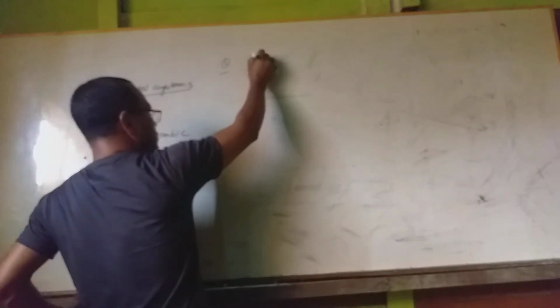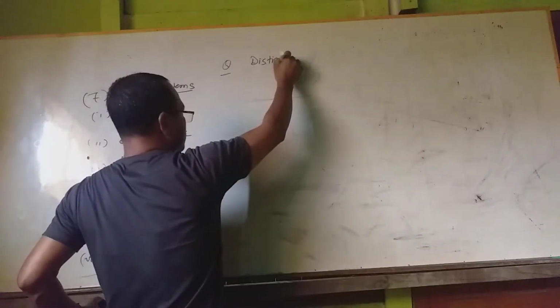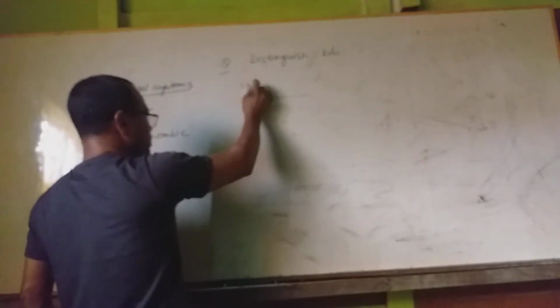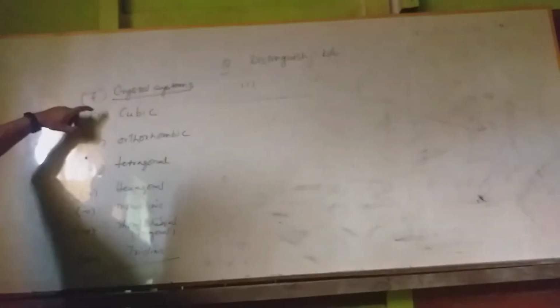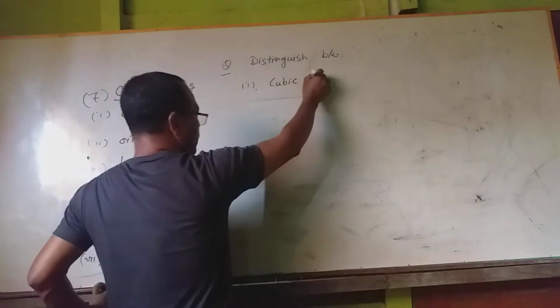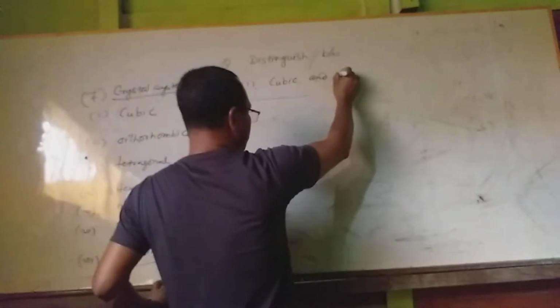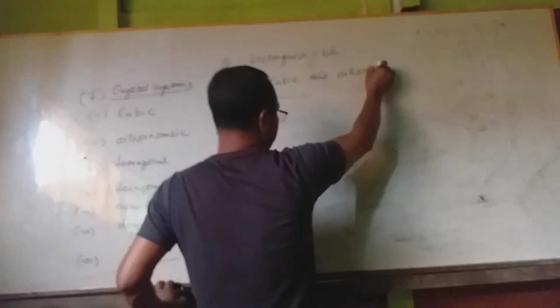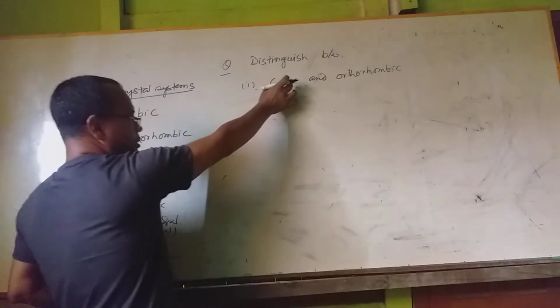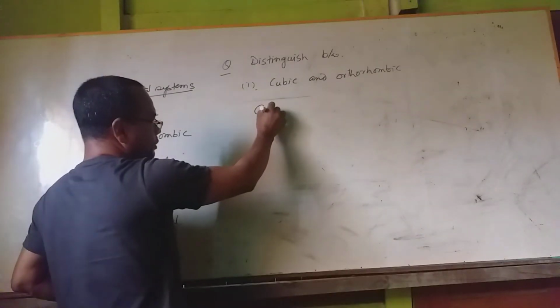From that idea, I write the question here: distinguish between 1 and 2, I mean cubic and orthorhombic. Let me write the dimensional parameters of cubic first.